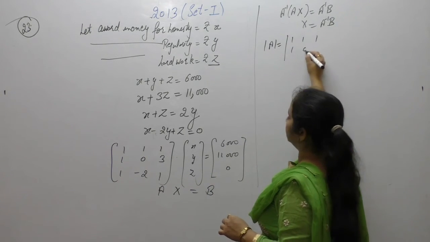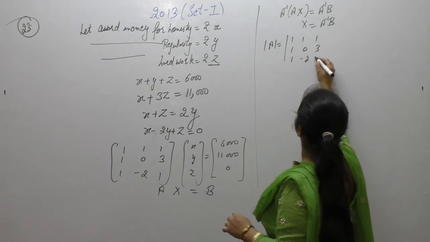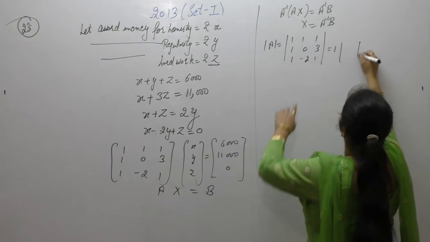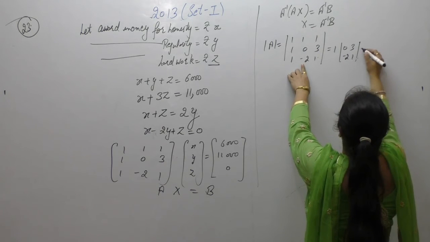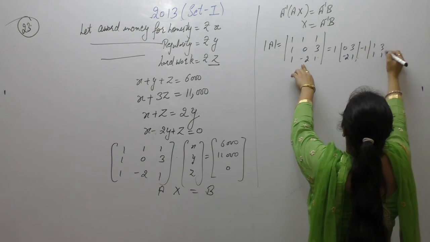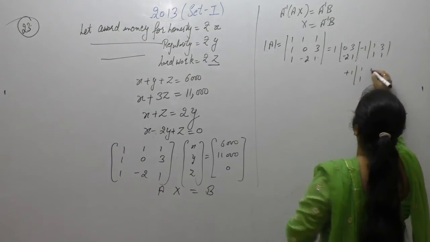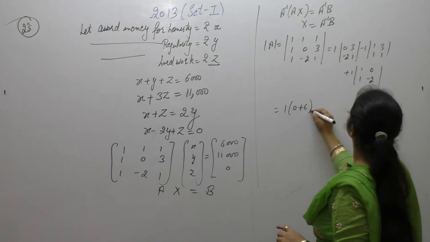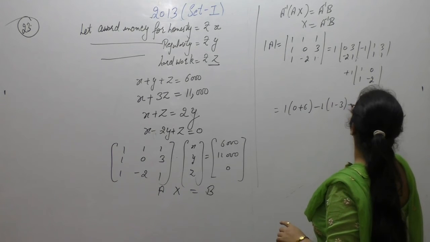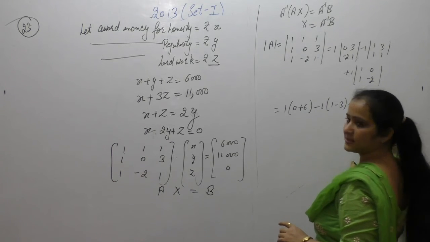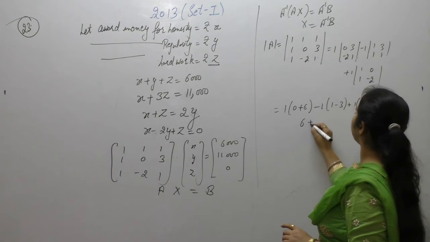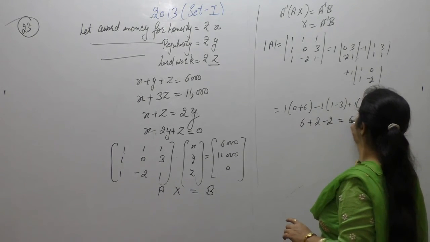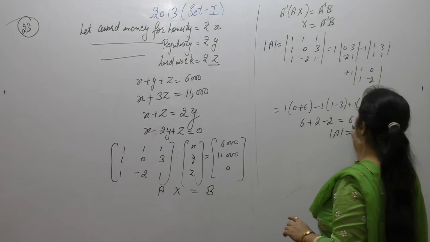Determinant of A: 1, 1, 1, 1, 0, 3, 1, minus 2, 1. 1 into (0, 3, minus 2, 1), minus 1 into (1, 3, 1, 1), plus 1 into (1, 0, 1, minus 2). 0 plus 6, minus (1 minus 3), plus (minus 2 minus 0). 6 plus 2 minus 2, which is 6. Determinant of A is not equal to 0.